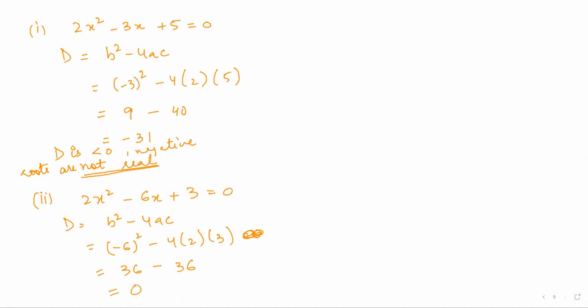So this is equal to 0. Now discriminant is 0, so what will you write? Of course, they are real, and also equal, right? D is 0, equal also.